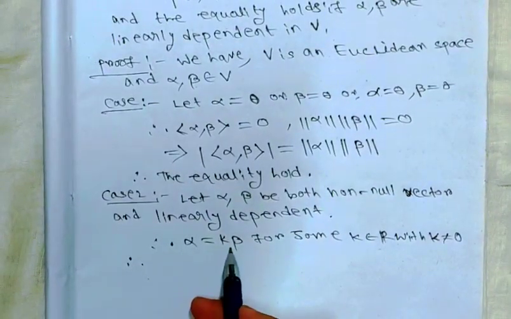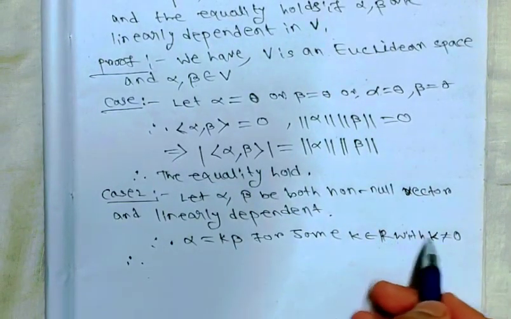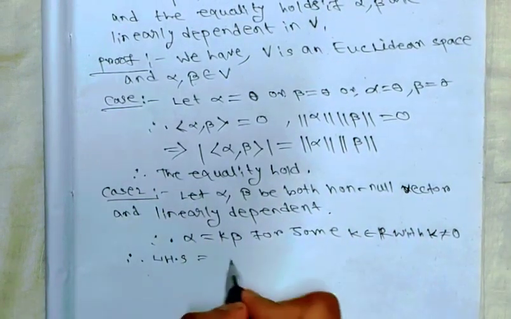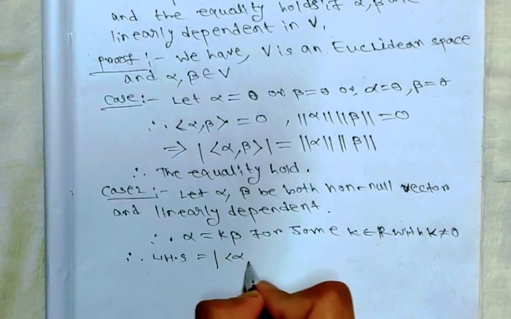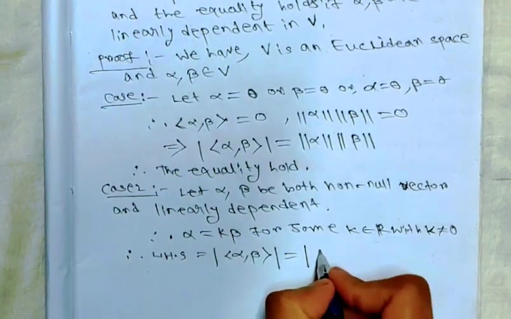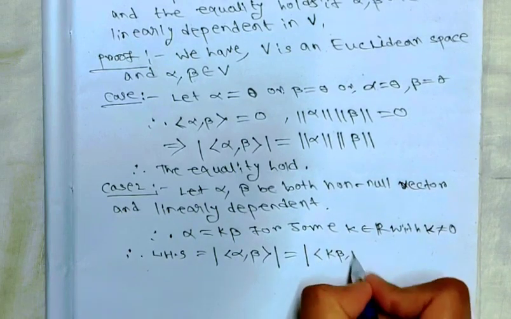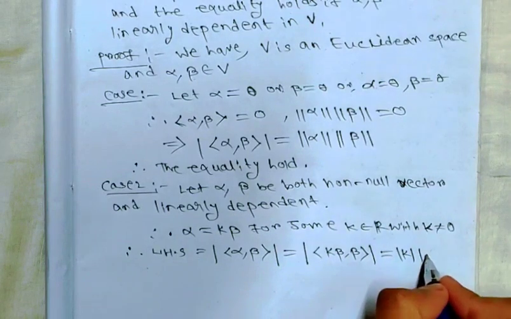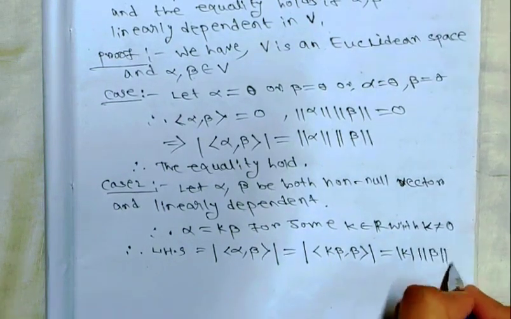Therefore alpha equals k beta for some k belonging to the real numbers with k not equal to 0. Therefore LHS equals the modulus of the inner product of alpha, beta, which equals the modulus of the inner product of k beta, beta, which equals mod k into norm beta square.